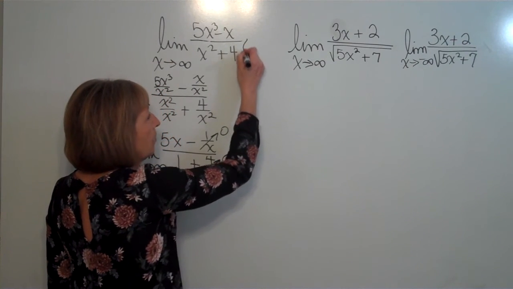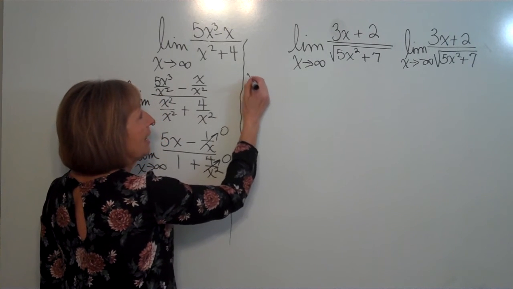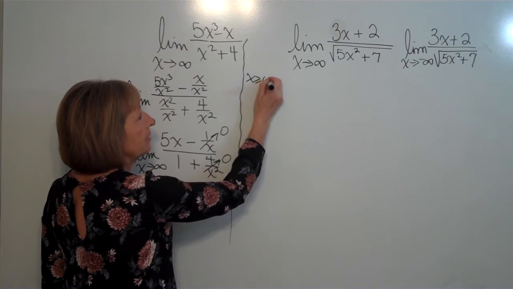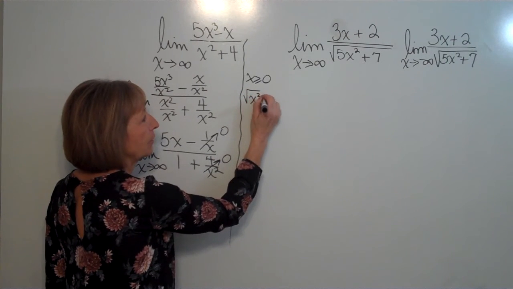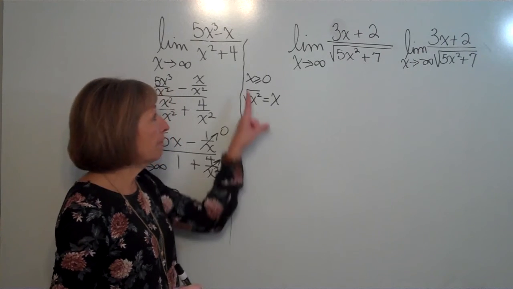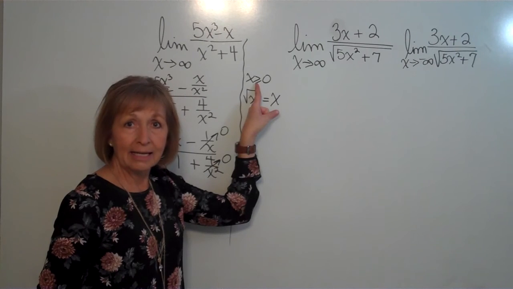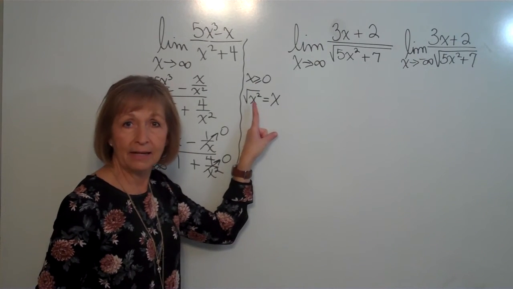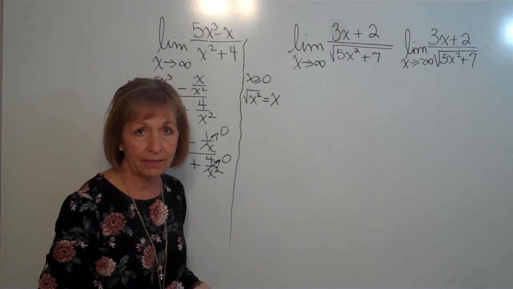Now I know, and just kind of thinking back, that if my x's are greater than or equal to 0, the square root of x squared will be x, the same number I put in. So if I pick a number that is not negative and I square it and then square root it, I get right back to the value that I started with.